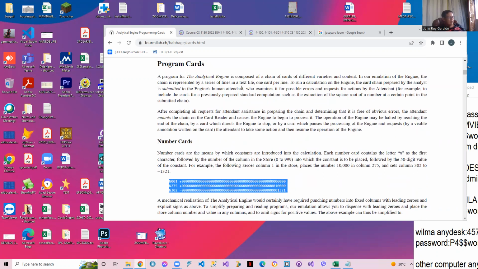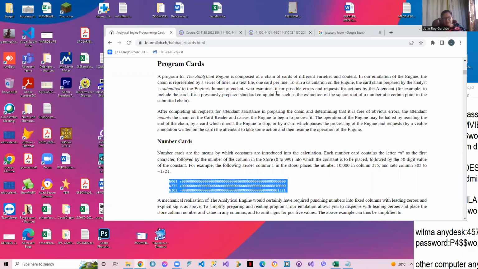To run a calculation, the card chain is prepared by the analyst. So computer programmers then are called analysts, and then submitted to an attendant for checking. It's like script editing of news contents.